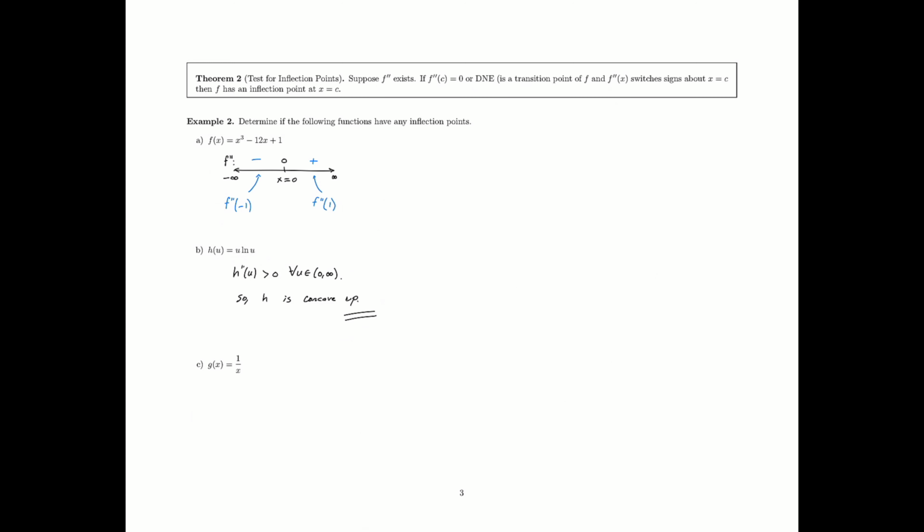So focusing back here at part A, we just grabbed the information that we already found about this function from a previous example. So we can see that the concavity switches from down to up as we move across x equals 0. So because this is in the domain of the function, we already determined that, this shows that x equals 0 is an inflection point.